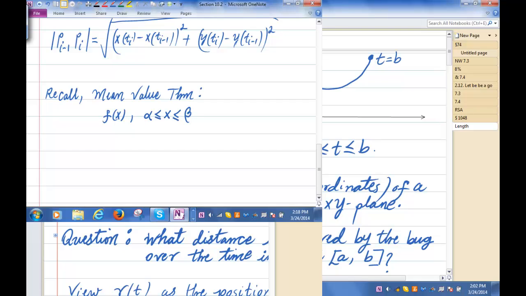The mean value theorem says that the average rate of change of the function over the interval from alpha to beta must be equal to the instantaneous rate of change of f at some point.